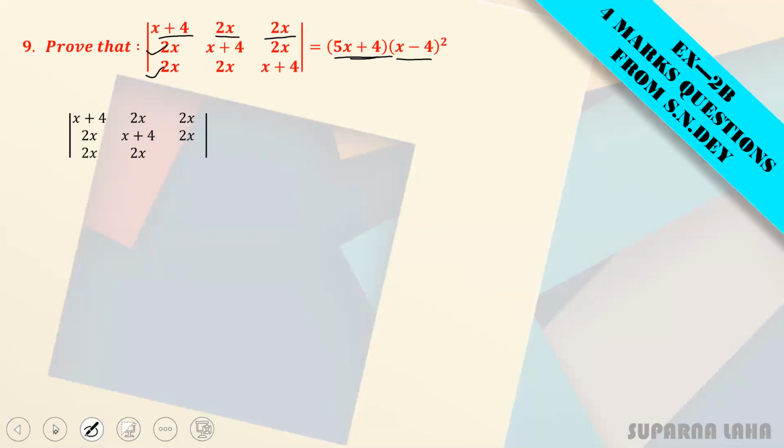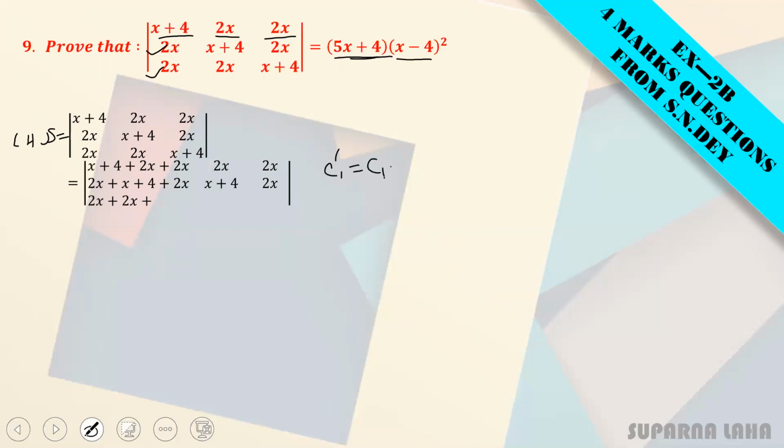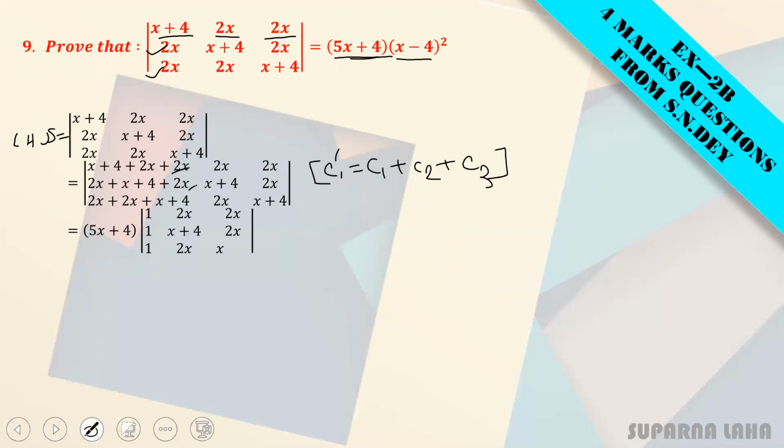First write down the LHS. This is your LHS, and the right hand side is to be proved. Then add these columns: C1 dash is C1 plus C2 plus C3. After adding them you will find these elements are 5x plus 4.